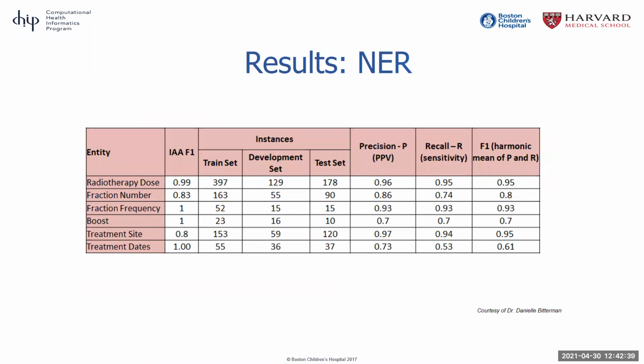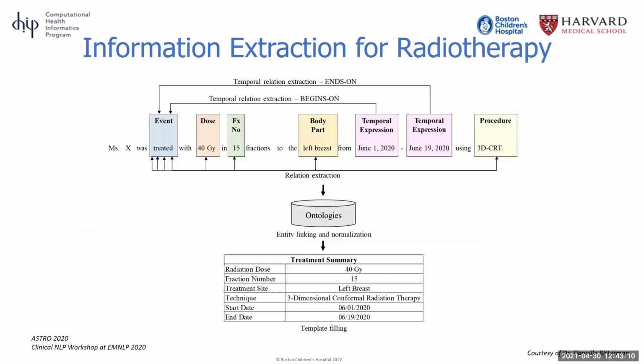The results for the named entity recognition are very strong, and they approximate the inter-annotator agreement, which is given in the second column. So the inter-annotator agreement can be compared to the F1, which is the result in the last column. And you see that there is a very good approximation of the F1 to the inter-annotator agreement.